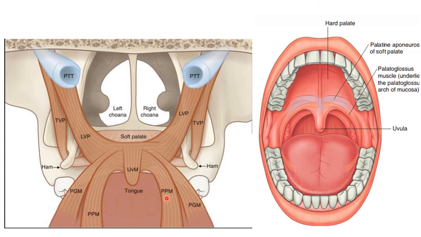So this is the palatopharyngeus muscle, which has two fasciculi. One fasciculus arises from the posterior border of the hard palate, and the other fasciculus arises from the palatine aponeurosis, and it descends downward and laterally in the palatopharyngeal fold and is inserted into the pharyngeal wall and posterior border of the lamina of the thyroid cartilage.